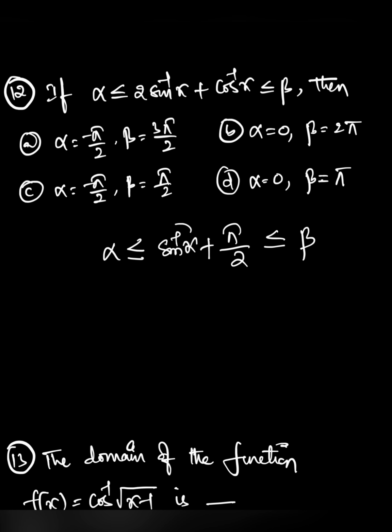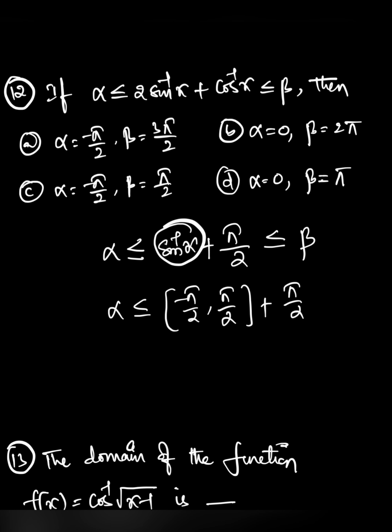Then what is the range of sin inverse x? Minus pi by 2 to pi by 2, plus pi by 2, less than or equal to beta. So now see, minus pi by 2 plus pi by 2 will become 0 and the other two will become pi. The answer is the fourth option.